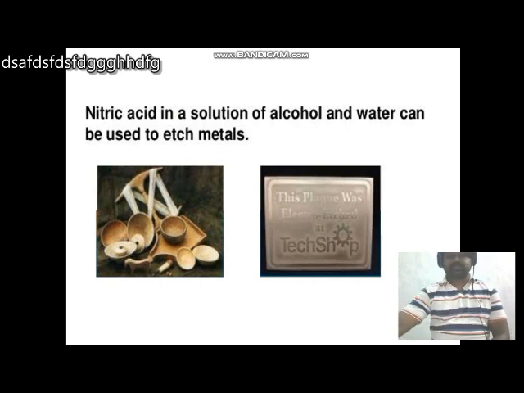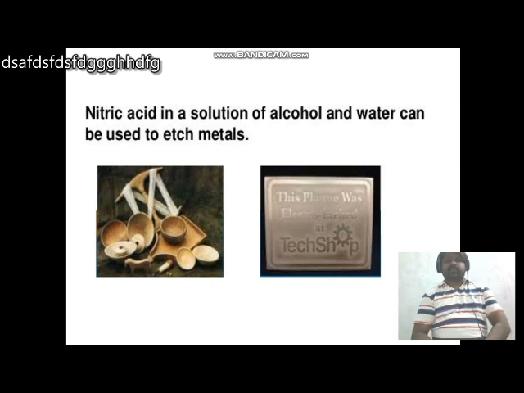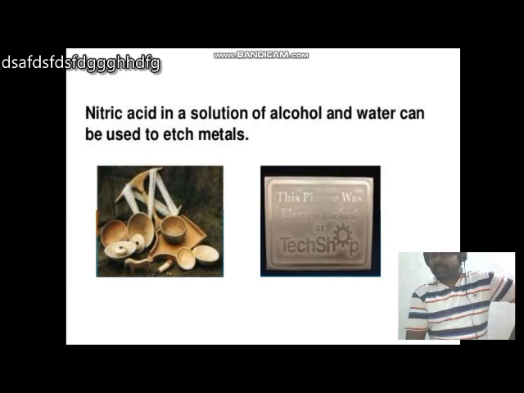Next, nitric acid in a solution of alcohol and water can be used to etch metals.